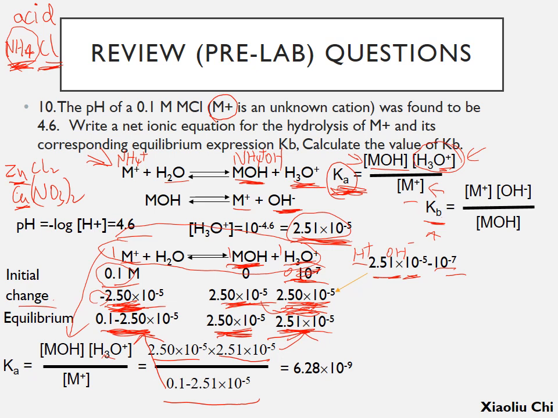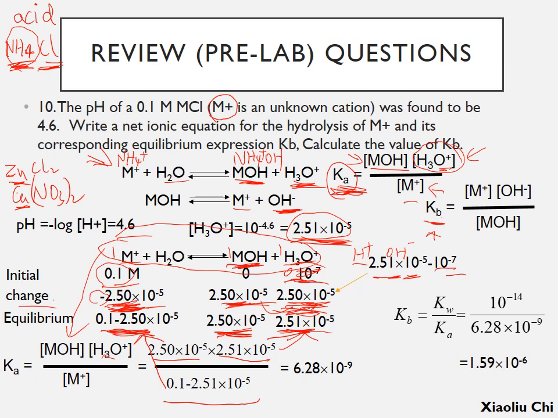And therefore, we calculate Ka to be 6.28 times 10 to the minus 9. And then, how do you calculate the Kb? Well, Kb is Kw divided by Ka. And that gives you 1.59 times 10 to the minus 6.